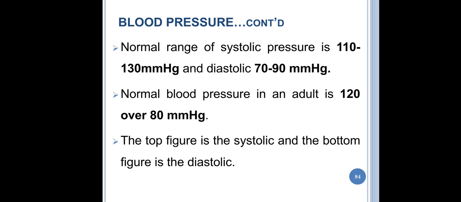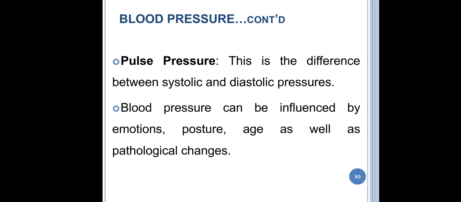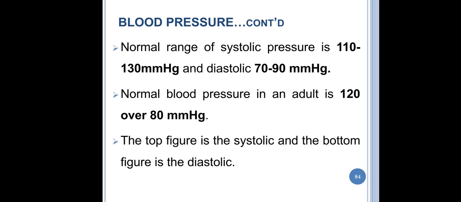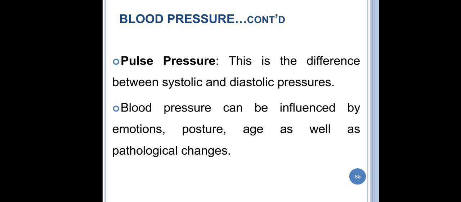The top figure, as I said, is the systolic when the ventricles are contracting, and the bottom figure is the diastolic when the ventricles are relaxing. You also find terms like pulse pressure. Pulse pressure is the difference between systolic and diastolic pressure. In case they tell you to calculate the pulse pressure, just subtract diastolic from systolic, and that's the pulse pressure.